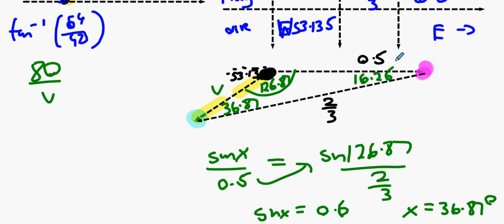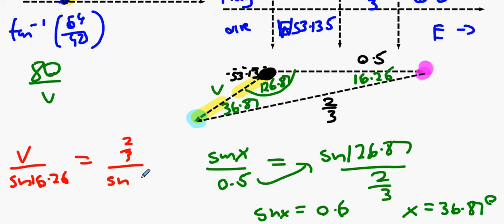Now I have access to finishing this off. It's going to be v over sine 16.26 equals 2/3 over sine 126.87. Cross multiply up the 16.26.